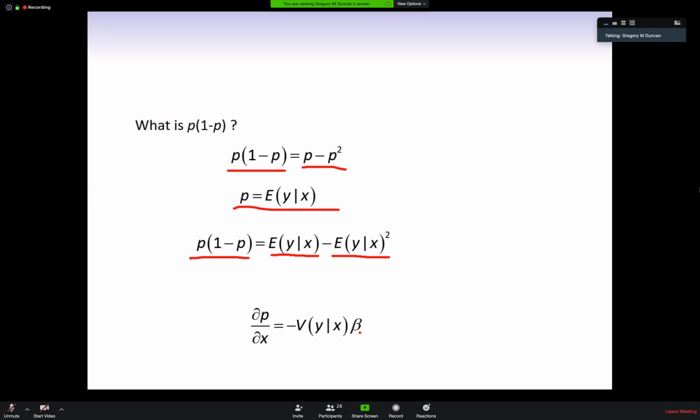And you say, so tell me about your model, and say, yeah, you know, when you change the amount of medicine I give you, the probability you're sick is equal to the variance of the dependent variable times beta.